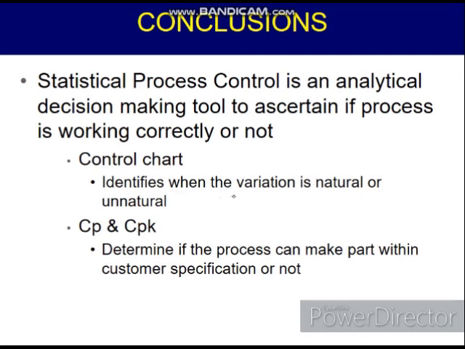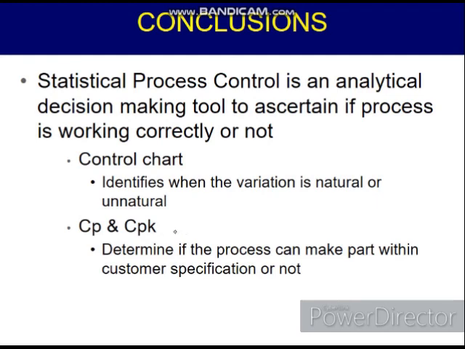If the variation is unnatural, meaning that there is an external factor influencing the process, that needs to be identified and corrected so that the process will go back to its control situation.